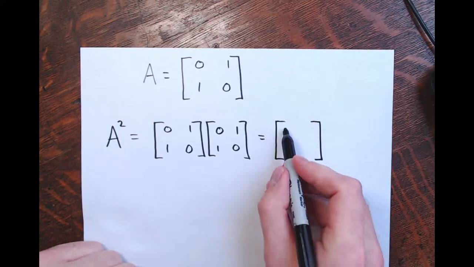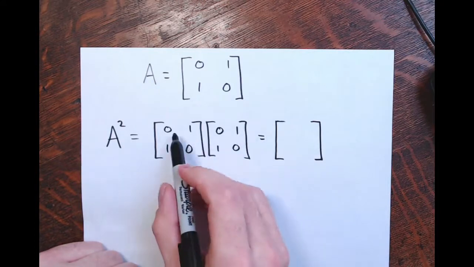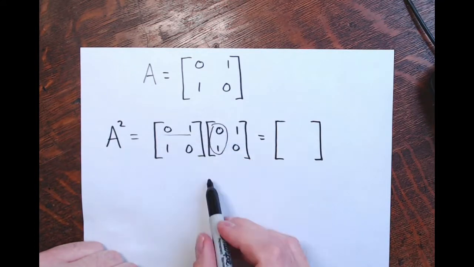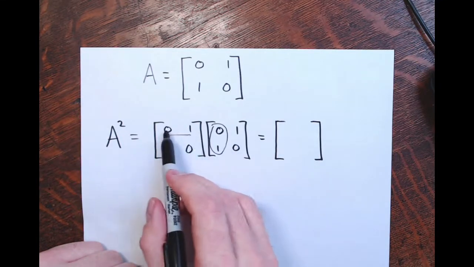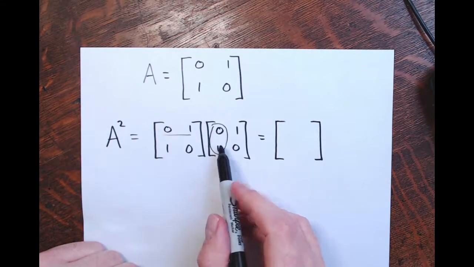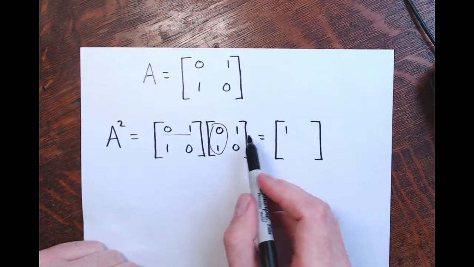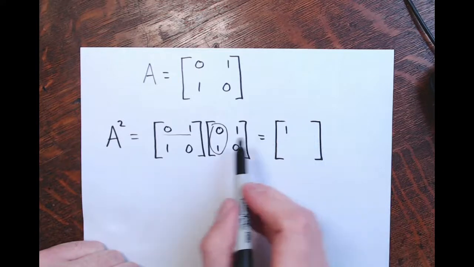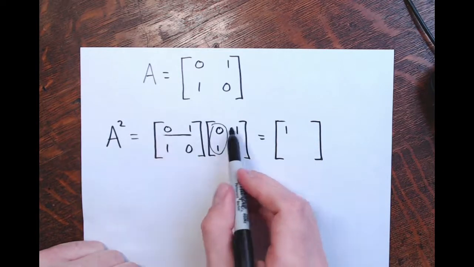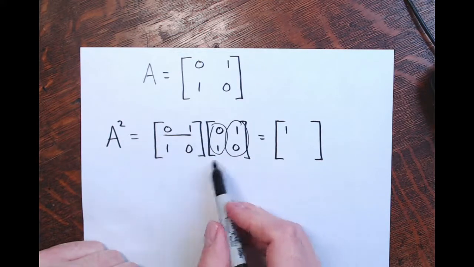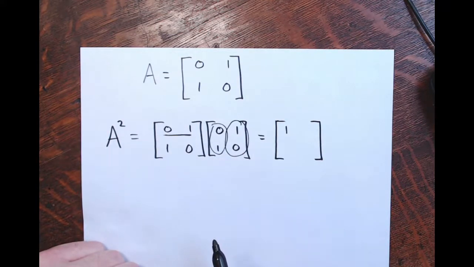First row, first column: take the first row of the left matrix with the first column of the right matrix and do the dot product. 0 times 0 plus 1 times 1. You have a 1 times 1 in there, so you're going to have a 1. Then first row, second column: the first row of the left with the second column of the right. 0 times 1 plus 1 times 0. There's no 1 times 1 in there, so that's going to be 0.